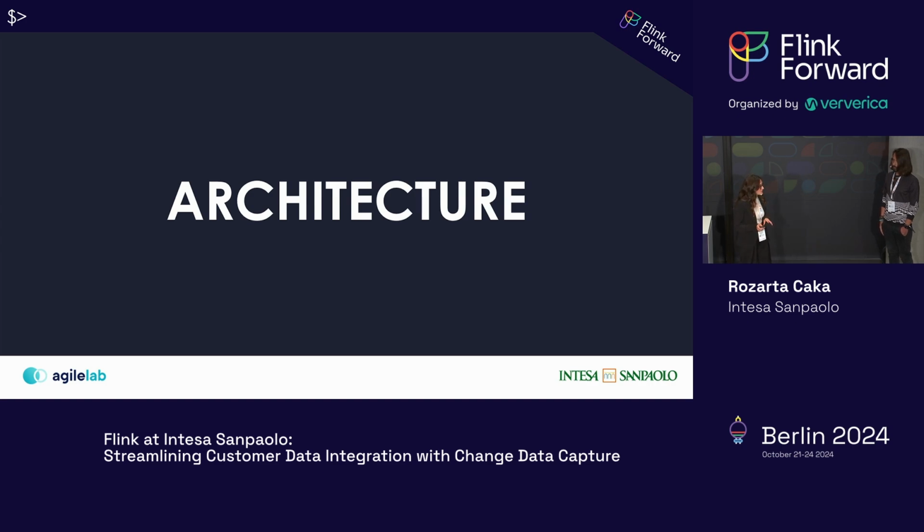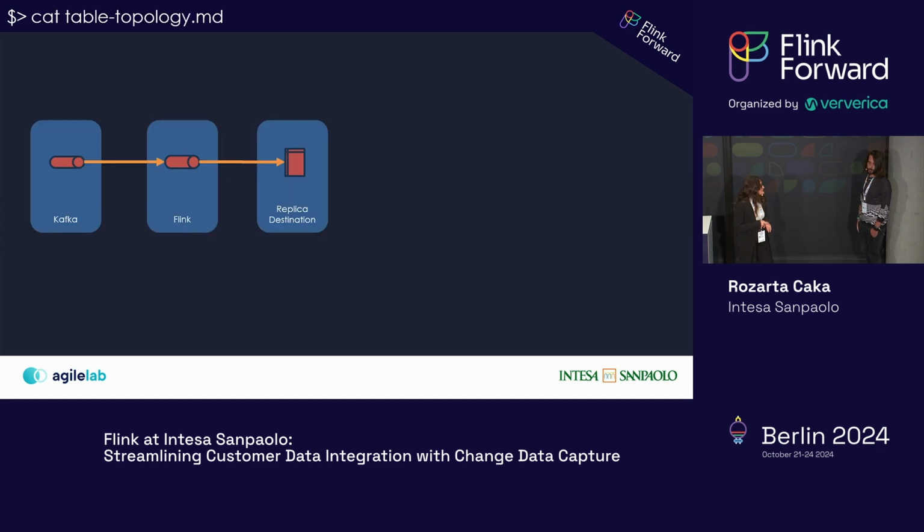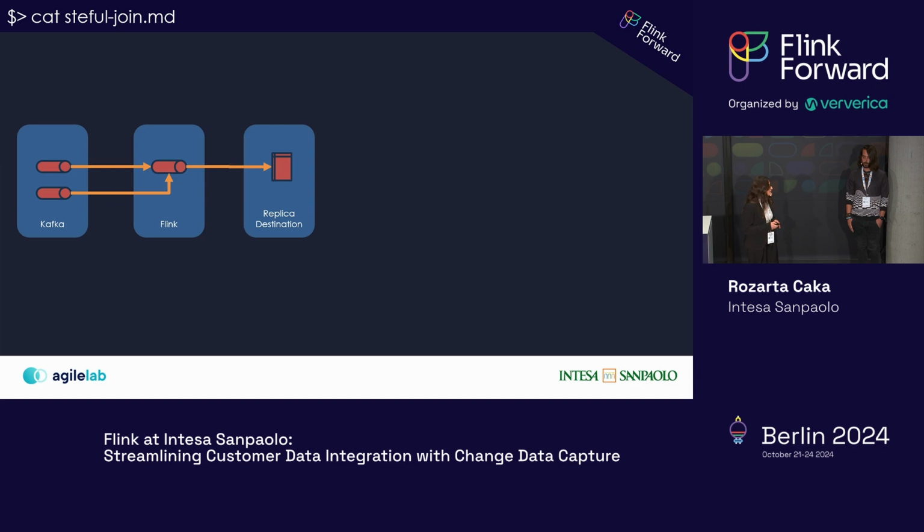Here are some examples of architectures. This is a simple architecture where we read from Kafka and write the data inside the replica destination. Here's a stateful job. We read from two different sources on Kafka, then we save in the Flink state some information that may be useful, and then we write it in the database.